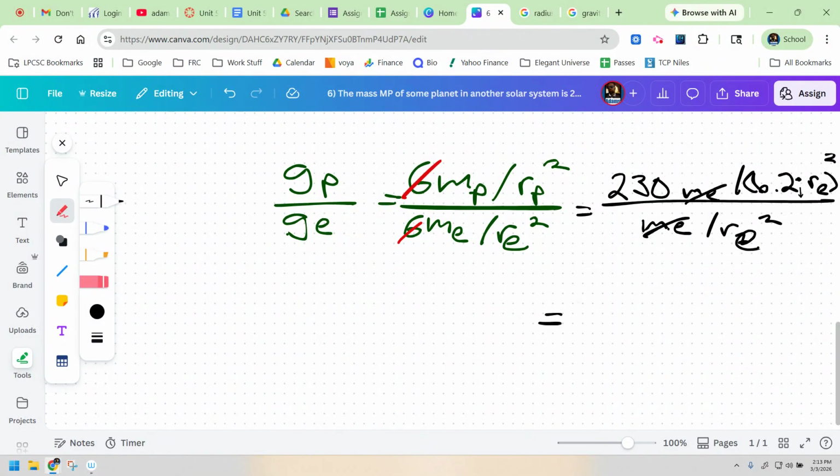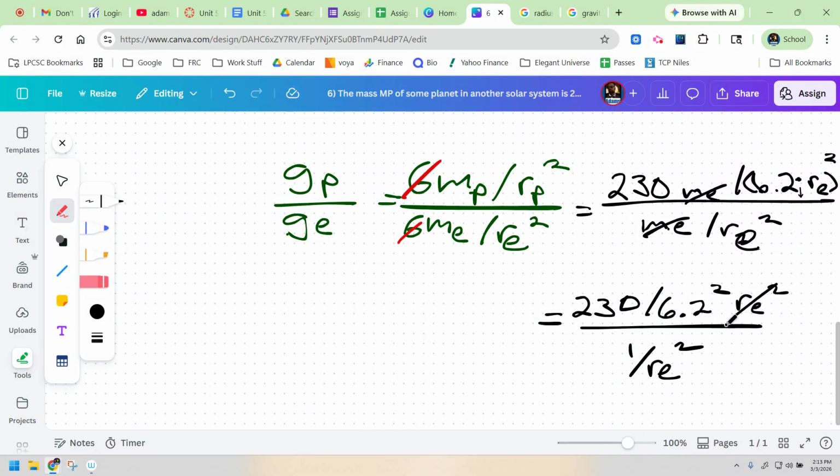So the next line would be 230 divided by 6.2 squared RE squared, all over 1 divided by RE squared. So then the RE's cancel.